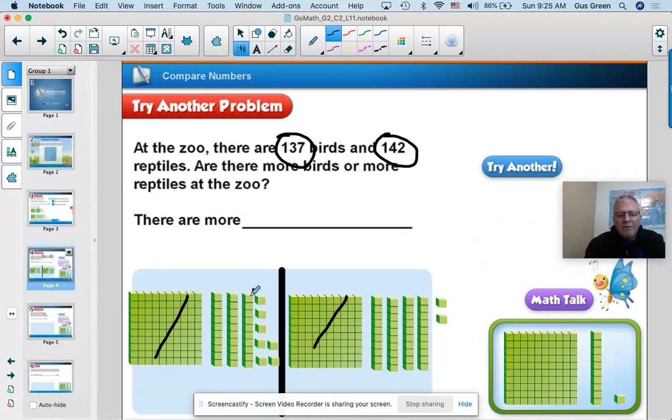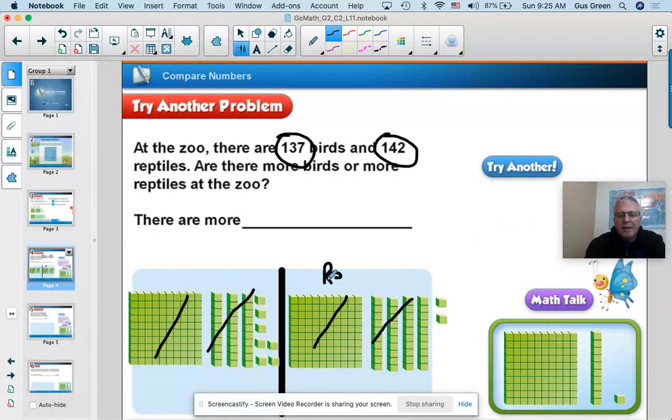If we cross off these 3 tens, we can do these 3 tens. And now there's 1, 2, 3, 4, 5, 6, 7 left over here. And there's 10, 11, 12 left over here. So we know right now that there are more reptiles.